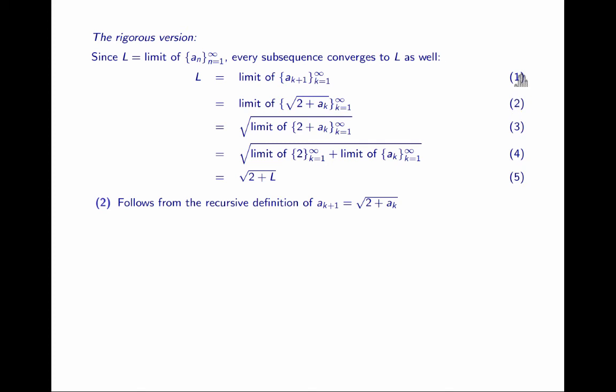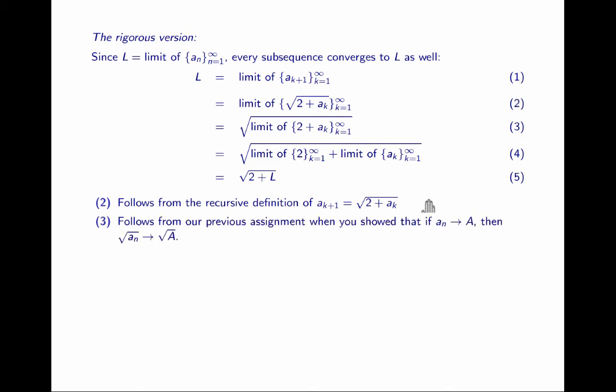So how did we go from here to here? Again, that follows from the recursive definition of a_{k+1}. From here to here, it follows from our previous assignment that if a_n converges to a, then the square root of a_n converges to the square root of a.